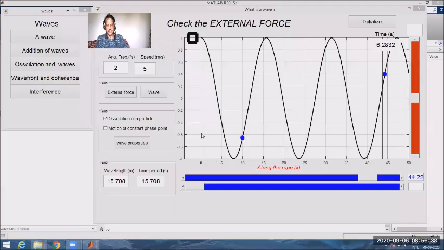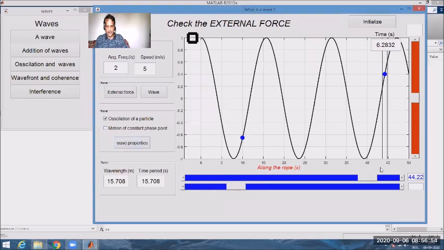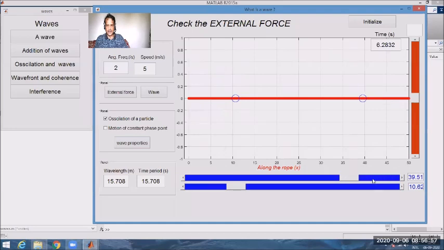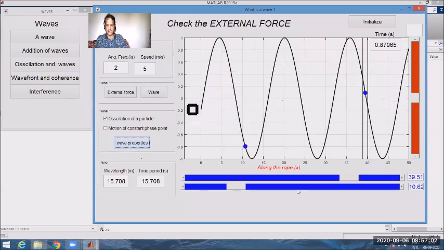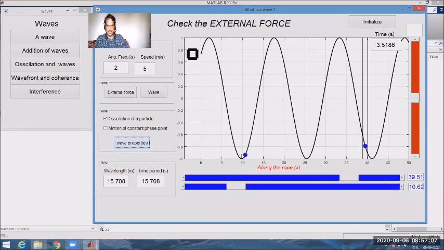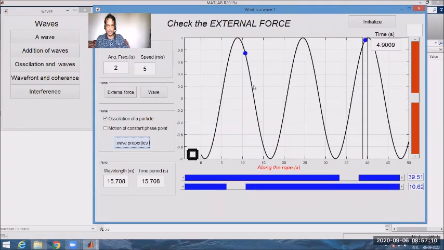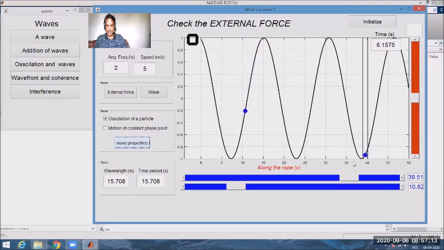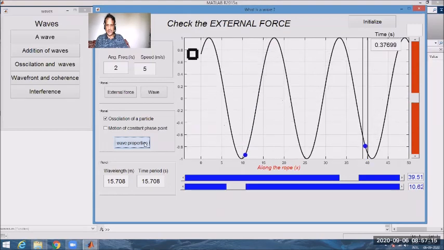Another very important property of a wave is that there is a constant phase relationship between any two particles. So now we can see there are two particles, one over here, another here. We can actually select them. Let us select one particle here and another somewhere here. Let us see how they move with respect to each other. So when the first particle is touching, a little later, the second particle touches. So the particle at 10 is following the particle at 40. So that remains throughout the motion.